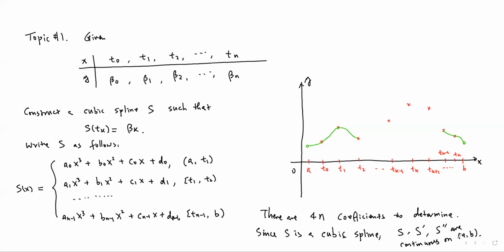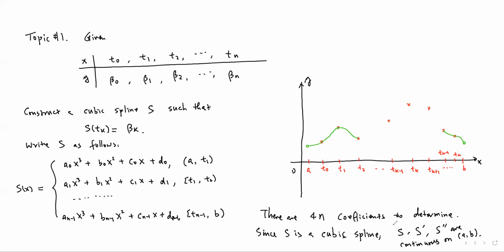Okay, number one, we want the cubic spline at each knot t_k to be beta_k.